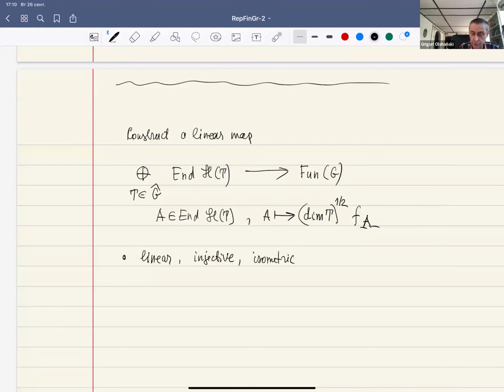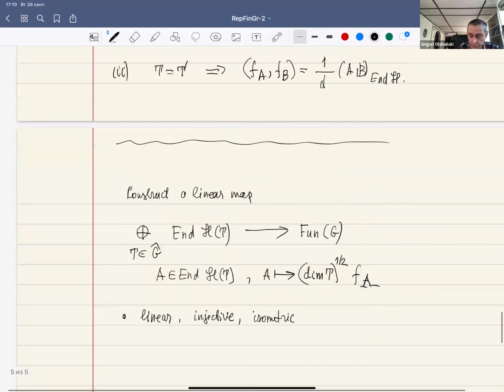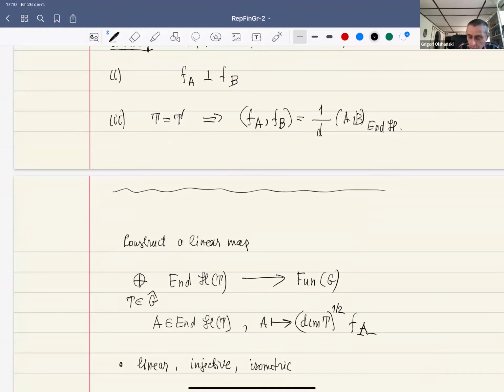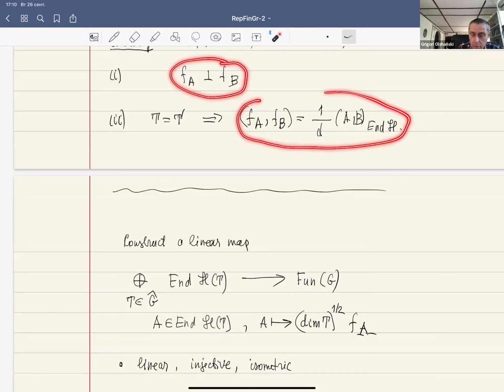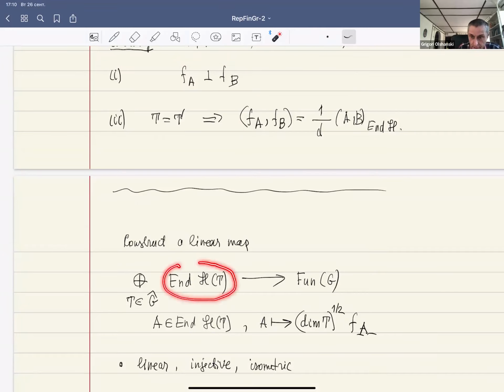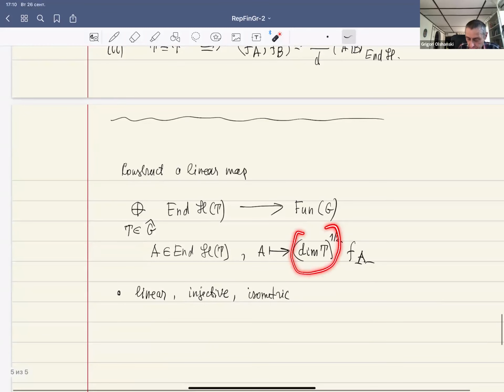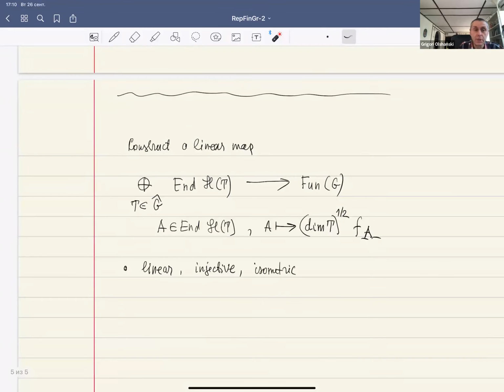Isometric because of this property and this one: different components are mapped into mutually orthogonal subspaces, and inside each component we have isometry because this constant factor is compensated by this one. This is the same D which is here. So it's an isometric embedding.